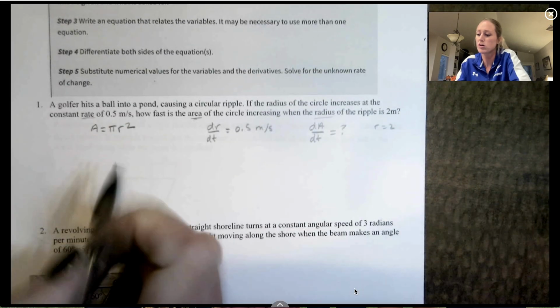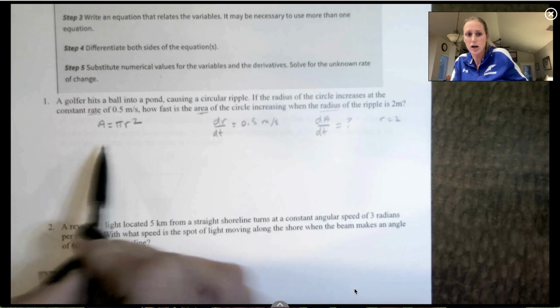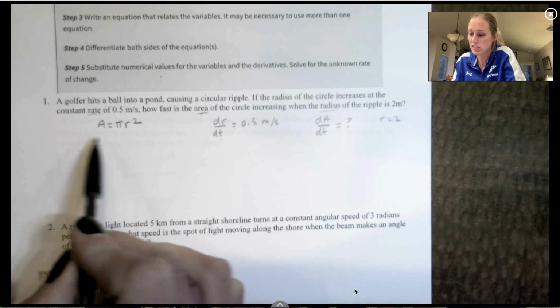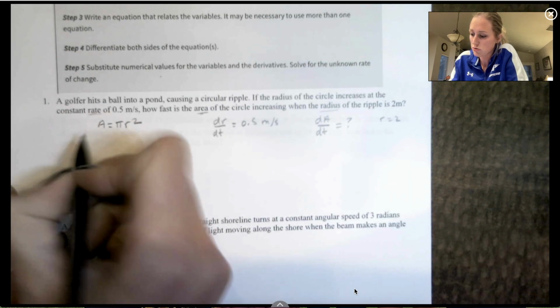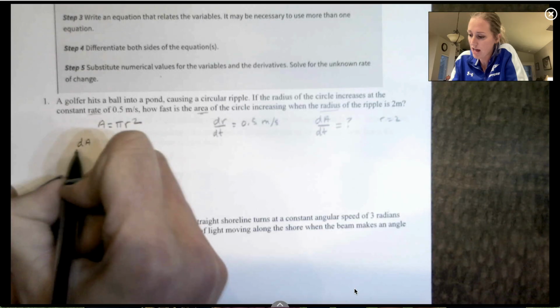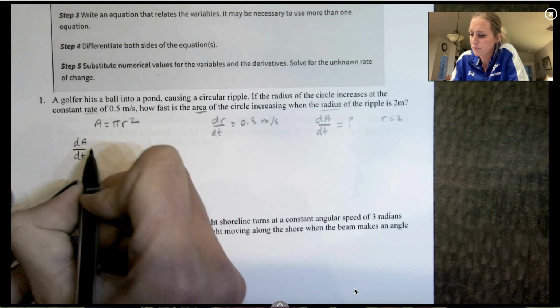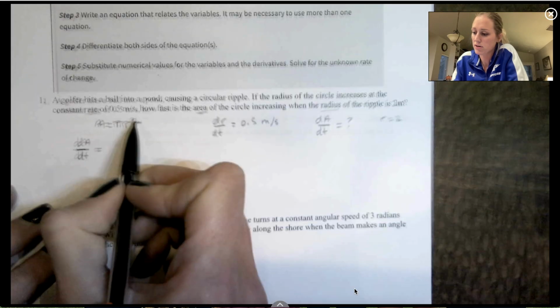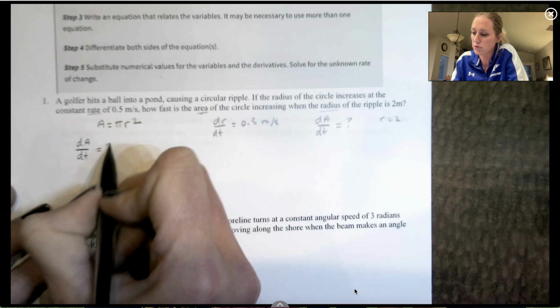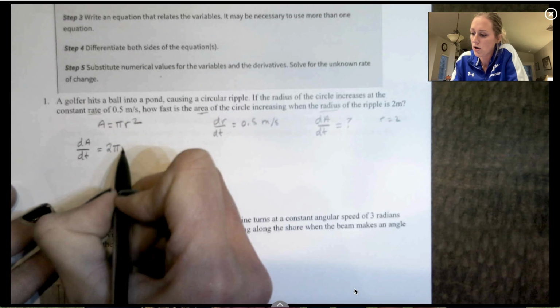Okay, so first, because we're dealing with rates of change, I'm going to differentiate this equation. So we're going to take the derivative of both sides. The derivative of A with respect to time is dA/dt. Pi is just a constant multiple, so we're going to bring down our 2 and multiply by pi.